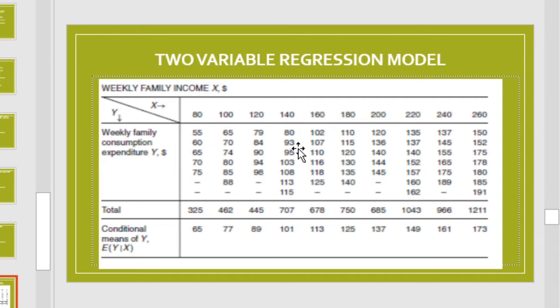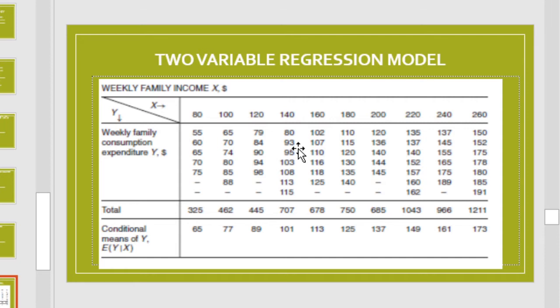Here, first we will consider the two variable regression model. This is the simplest possible regression analysis. Here we have only one dependent variable, that is the regressand, and it is related to a single explanatory variable, the regressor.